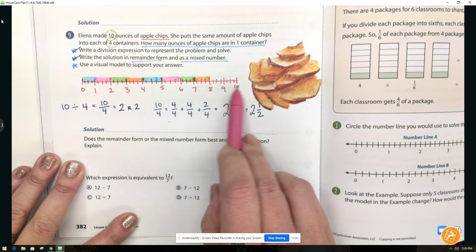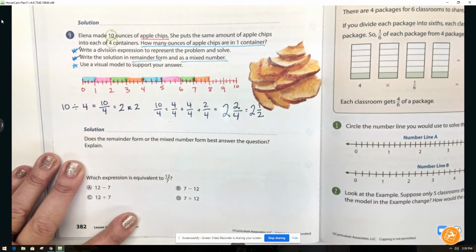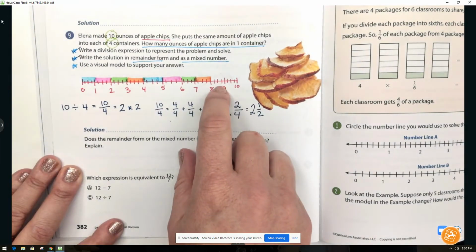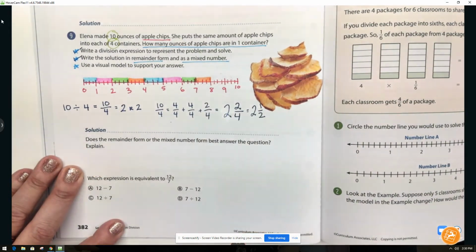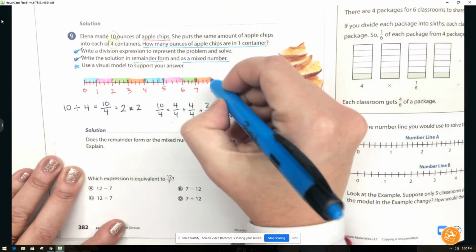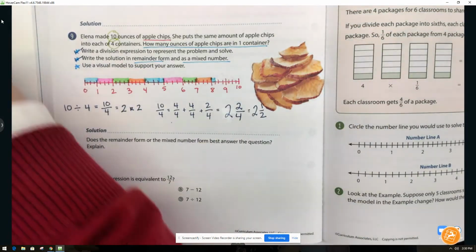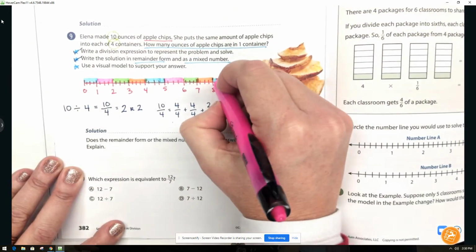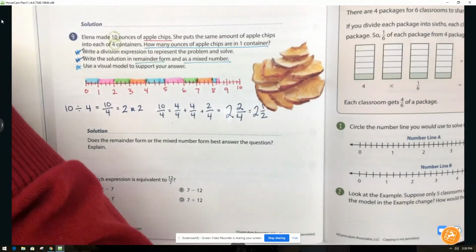Now, we don't have four wholes left to give another ounce to each container. So now we're going to have to break up each of these remaining 2 ounces into smaller parts. So I'm going to break each ounce up into 4 parts. So blue gets 1/4. Pink gets 1/4 of this ounce.